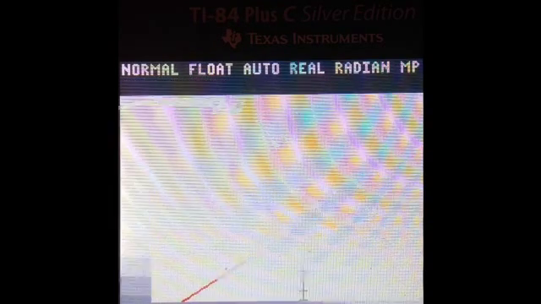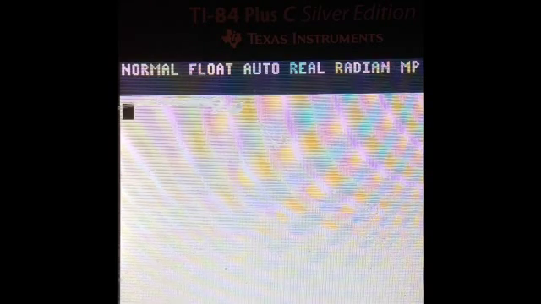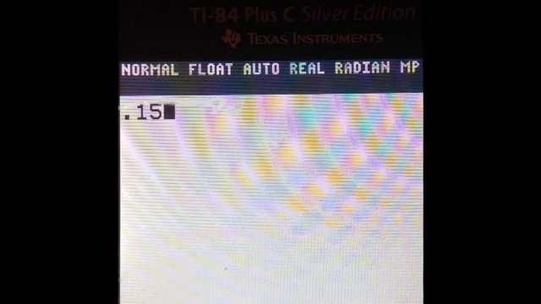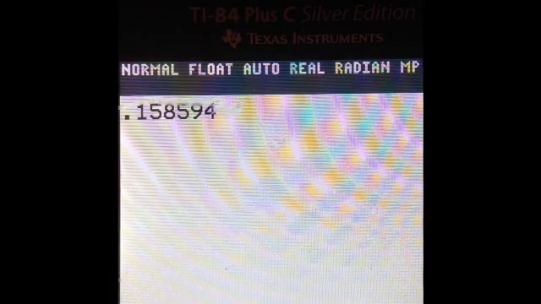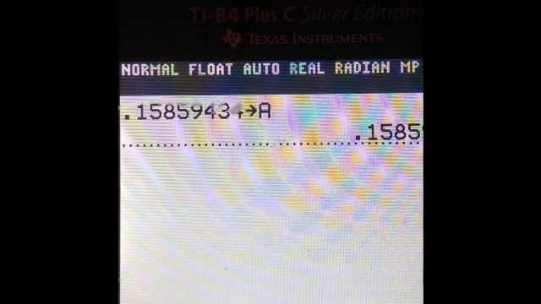Now I'm going to store those just so we can use them. So I'm going to type our lower bound first. Make sure I typed it right. 0.434. I'm going to hit store, alpha A, and hit enter.